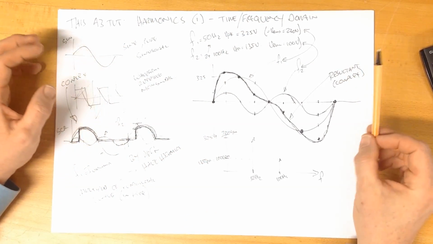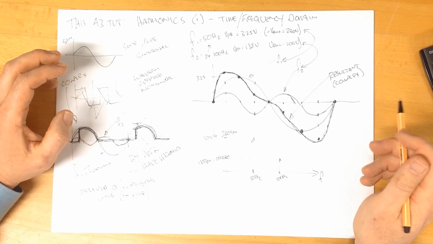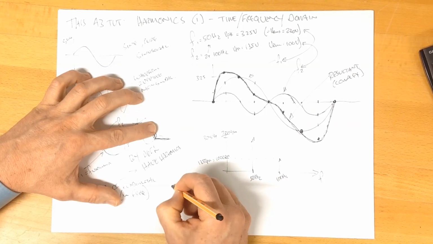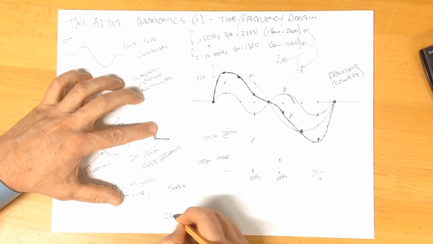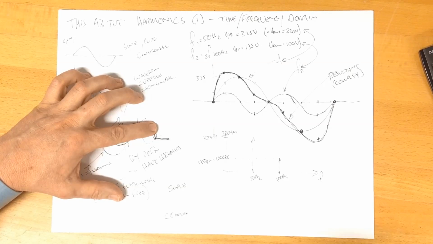In terms of a mathematical representation of this, there are two ways that it's often represented. One of them is called the simple way, and the other one is called the complex way. Both convey pretty much the same information, but they go about it in different ways.